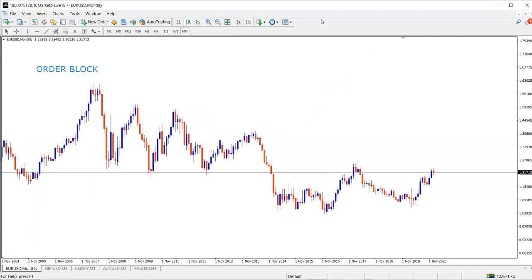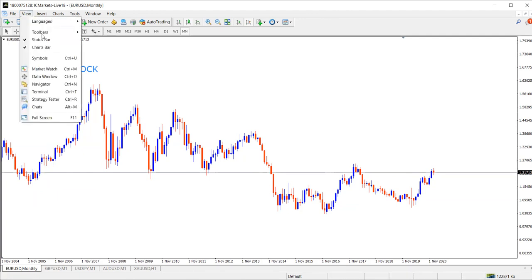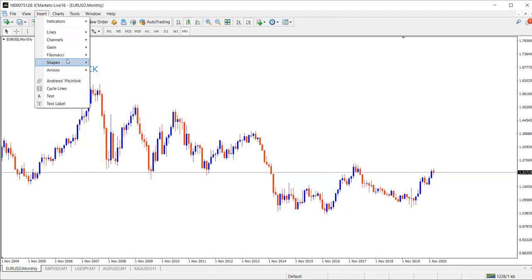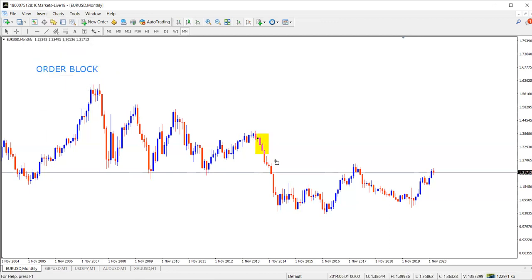When you say order block, what is it? Let's say the price is in a downtrend like this, looking at this space. The order block is the last candle of the chart before the move.